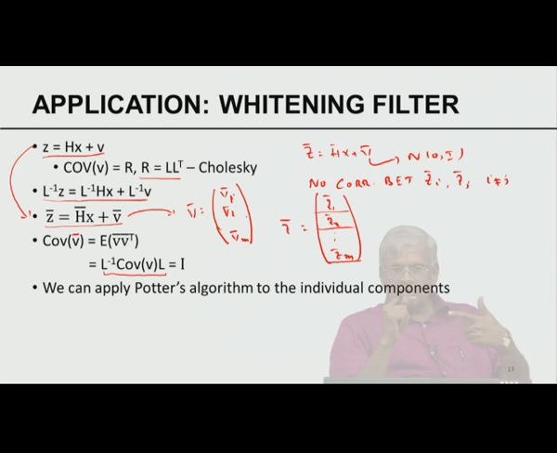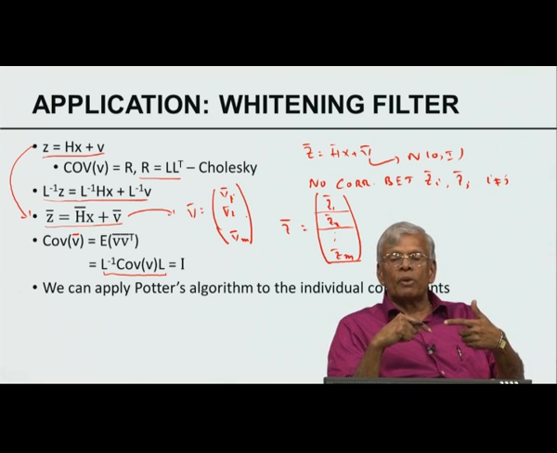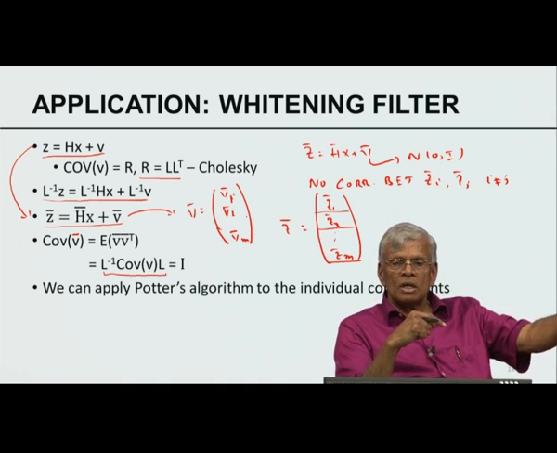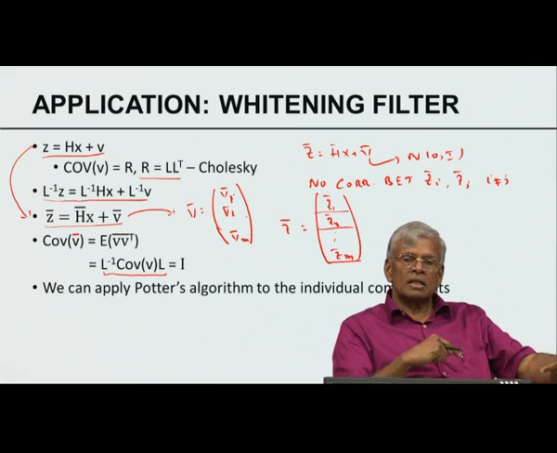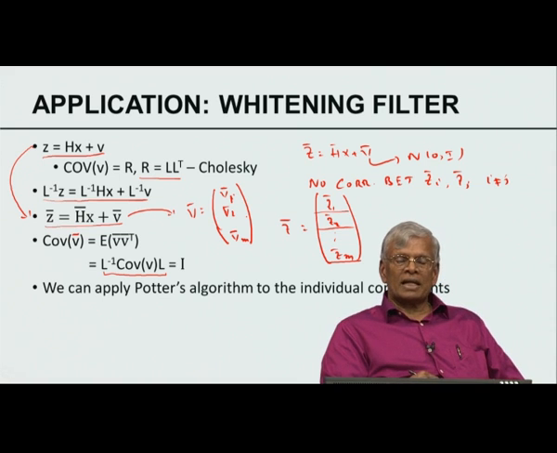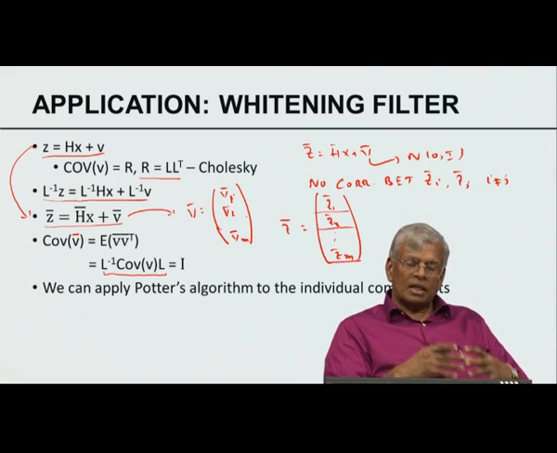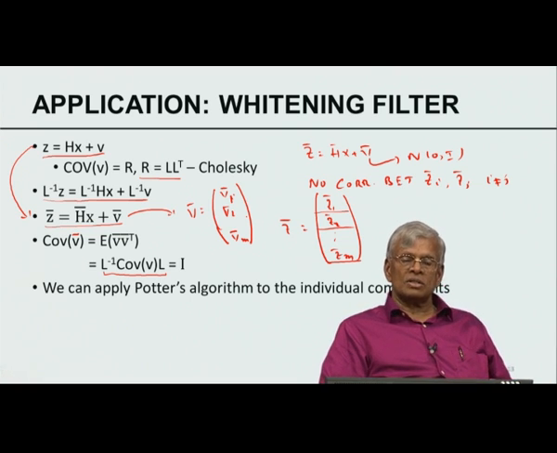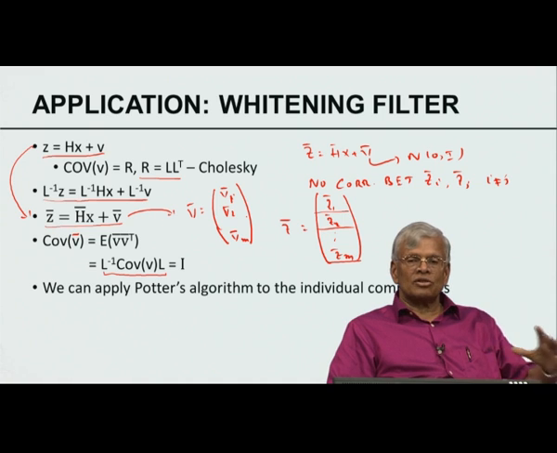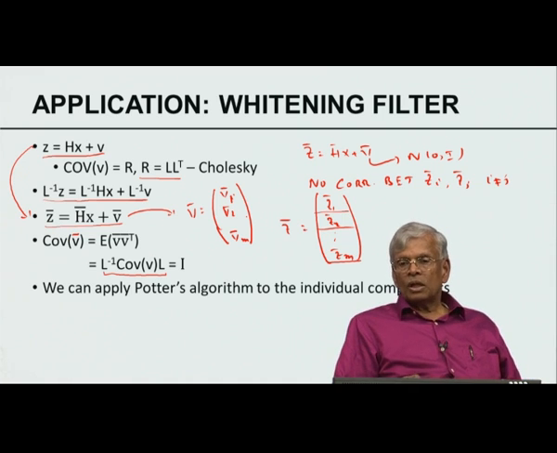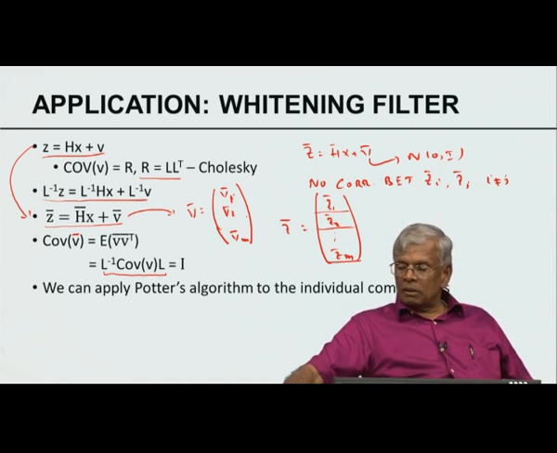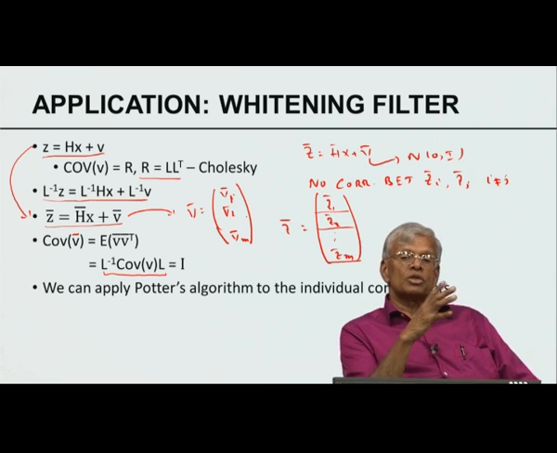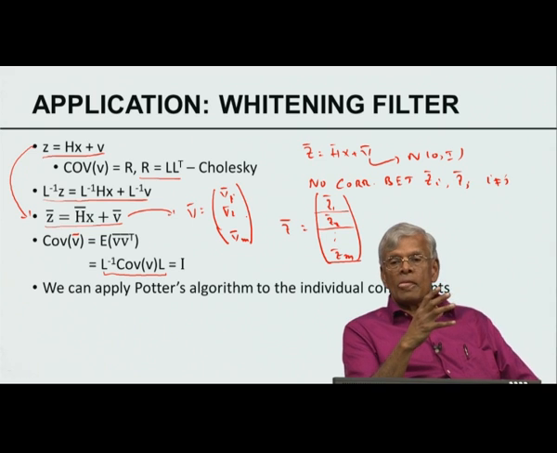Likewise, if you assimilate all the m components one at a time, starting from a forecast, in m steps you will get the ultimate analysis that takes advantage of all the m individual observations arising out of the whitening transformation. So this way one can bring in simplicity into the computation by using suitable transformations.